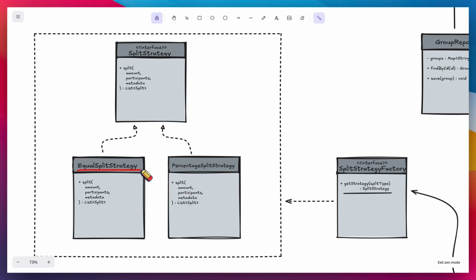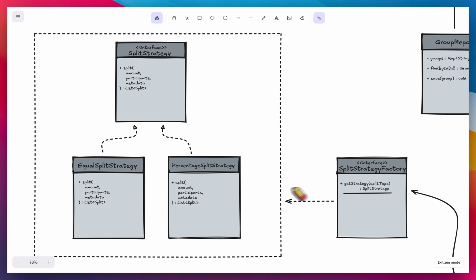So equal split strategy will split this amount among these participants equally, whereas percentage split strategy will be splitting this amount among these participants based on the percentage. Now those percentages would be sent via this metadata. Okay, and the output of both of these functions is nothing but the list of split. So this list of split would be used in order to create the expense object.